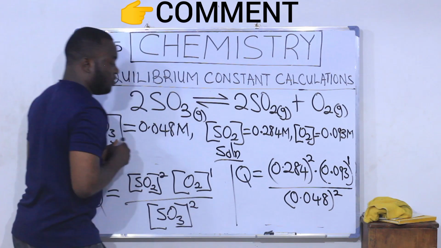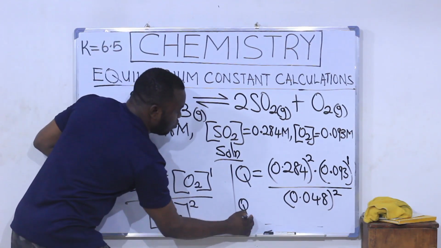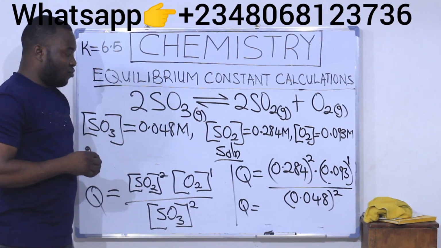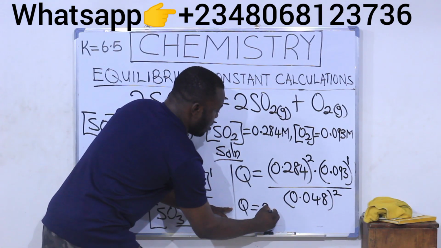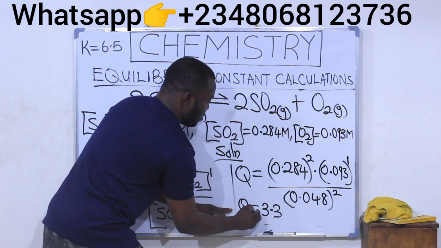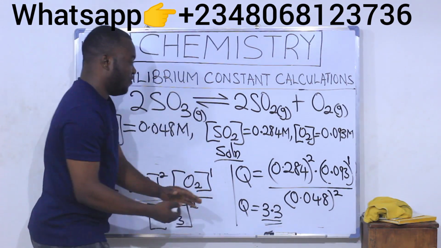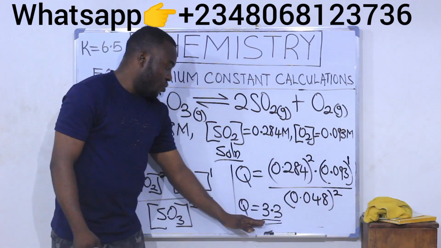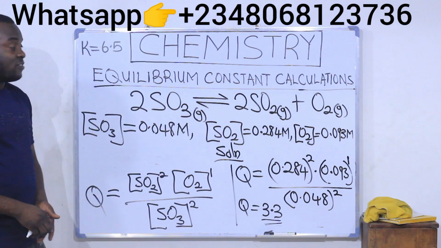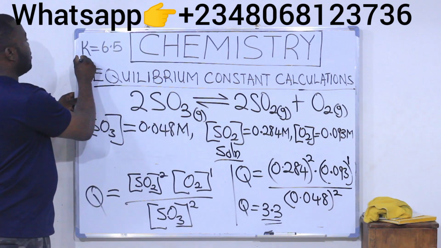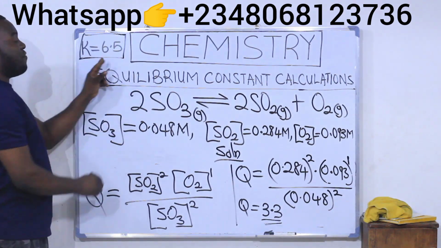If you do this, the value of your Q from your calculator is 3.3. If you punch this in your calculator, you are going to have 3.3 as your answer. Now let us compare the two answers. Our K value is 6.5.